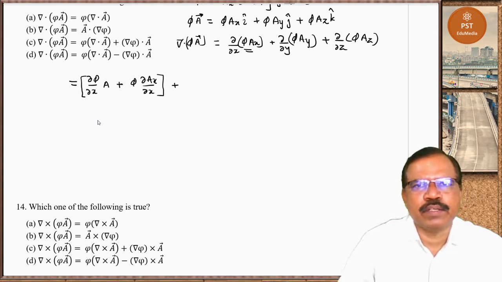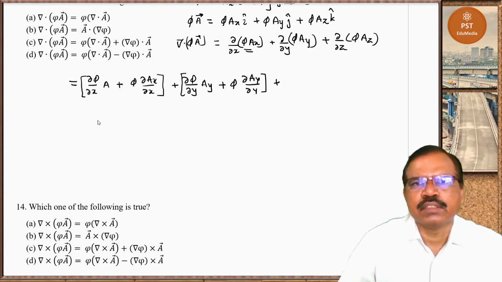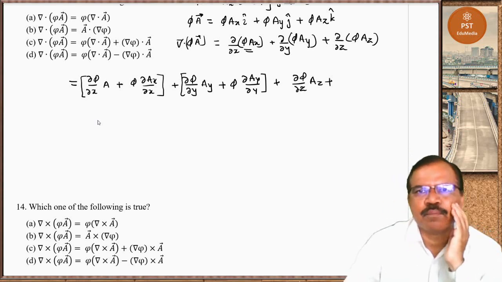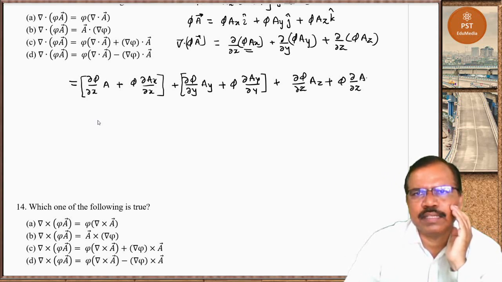Plus now, the same for the second term: ∂phi/∂y into a_y plus phi into ∂a_y/∂y, plus ∂phi/∂z into a_z plus phi into ∂a_z/∂z.